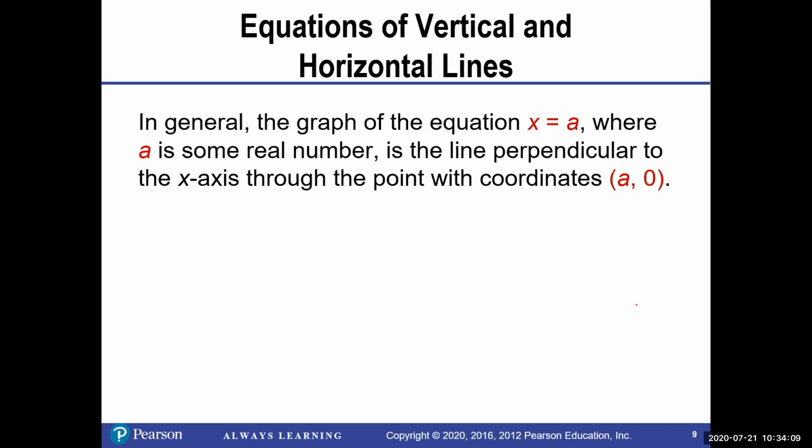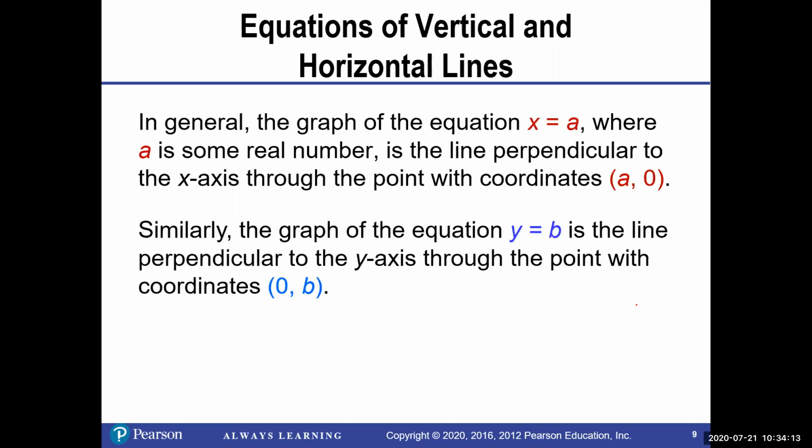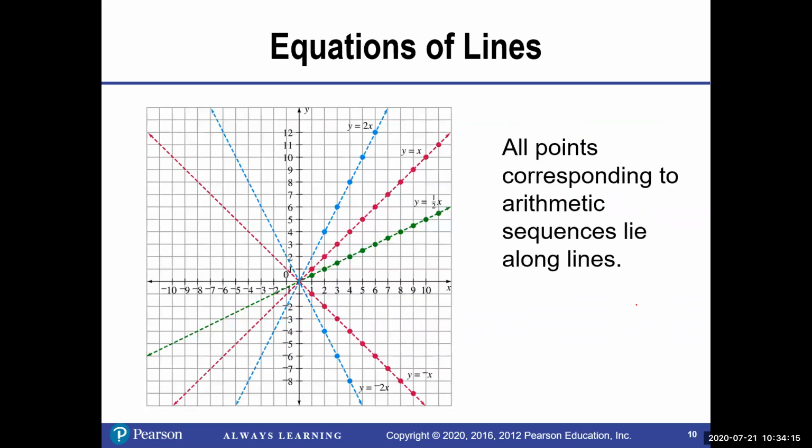Now, equations of vertical and horizontal lines, we have looked at that. All points corresponding to arithmetic sequences lie along lines. So here you just have to sketch these equations, and that is the line you have on the Cartesian plane.